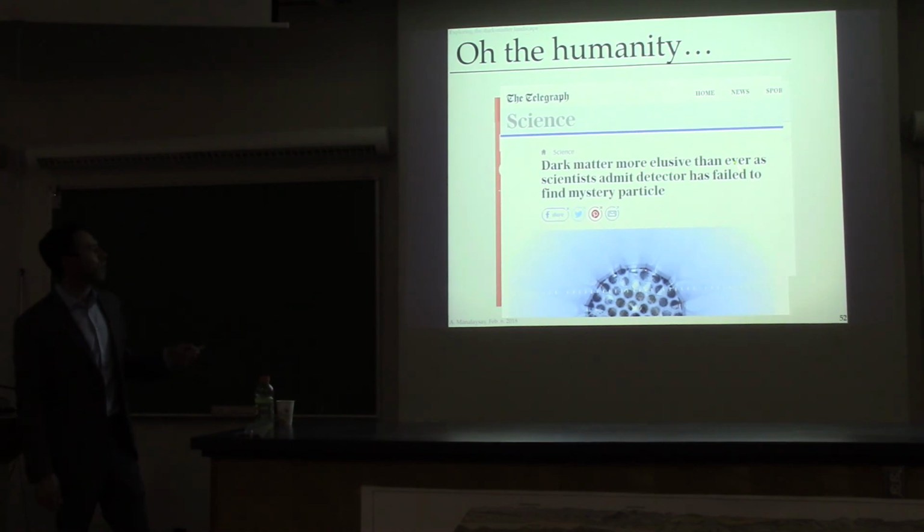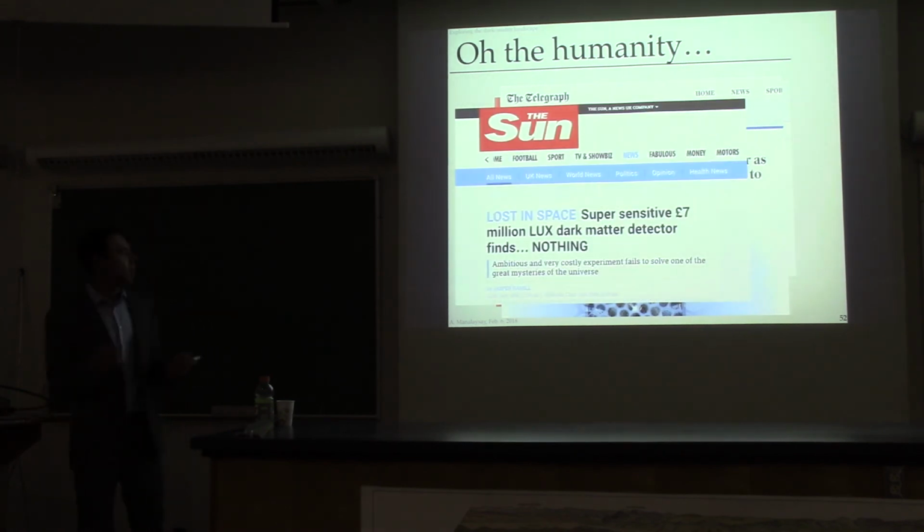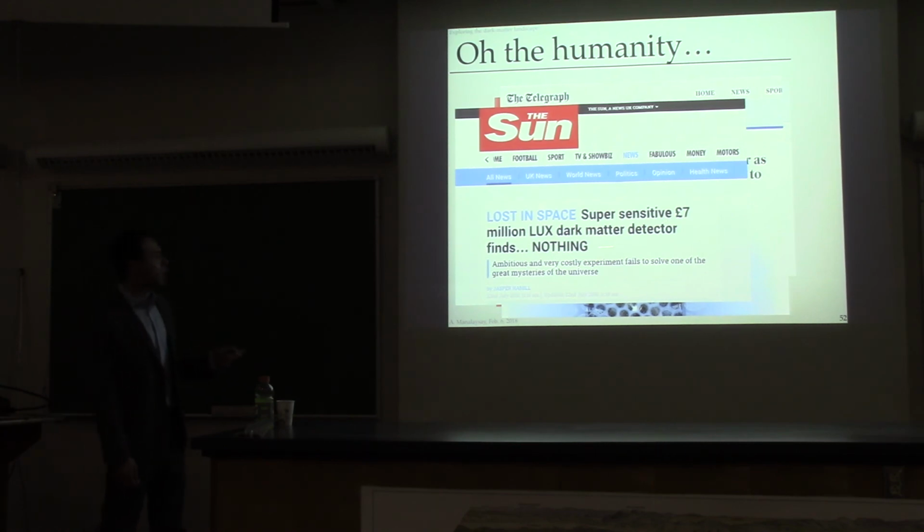Scientists admit detector has failed to find mystery particle. And then my favorite is the Sun: Super sensitive, 7 million pound Lux dark matter experiment finds nothing. Very costly, fails to solve one of the mysteries. This is how it gets picked up in the press.